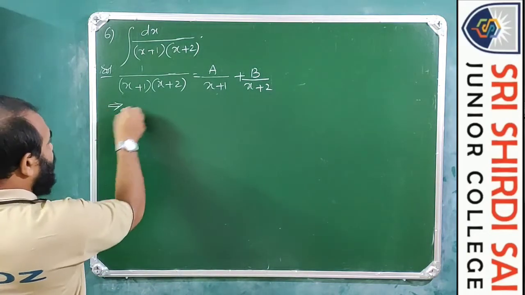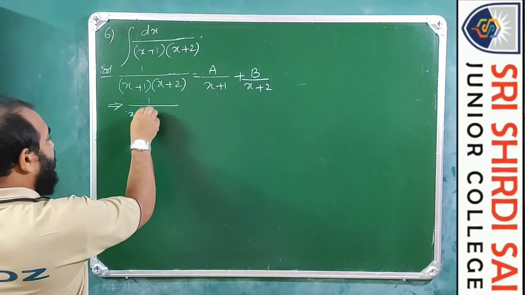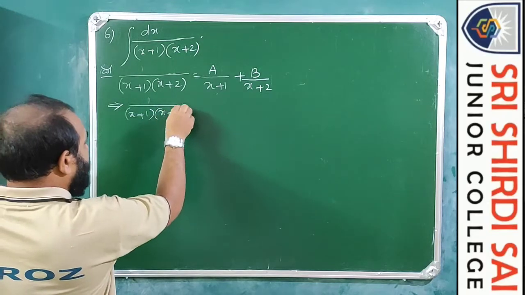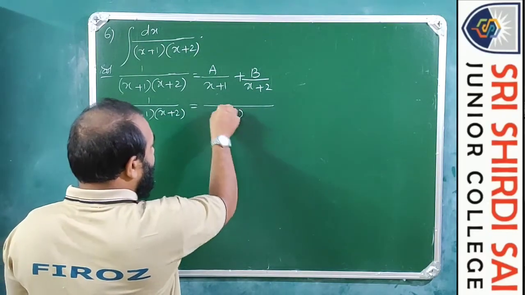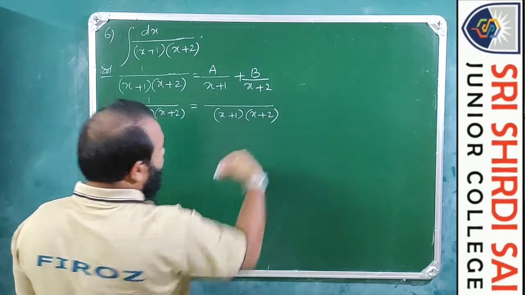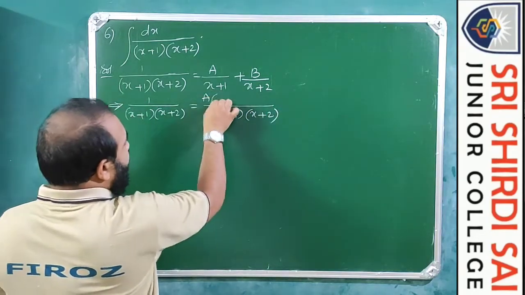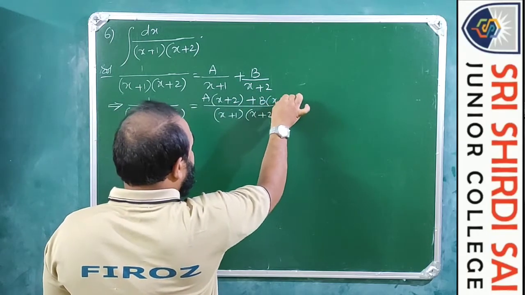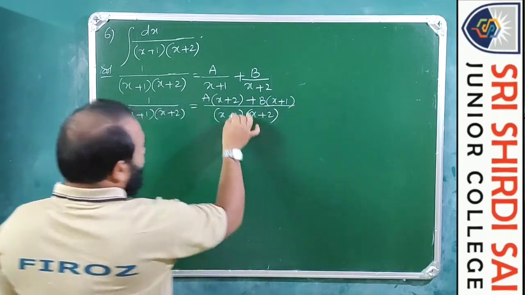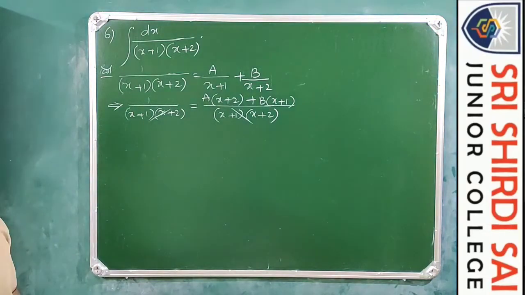Now 1 by (x plus 1) into (x plus 2) is equal to, take LCM (x plus 1) into (x plus 2), then we'll get a into (x plus 2) plus b into (x plus 1). So this on both sides gets cancelled.